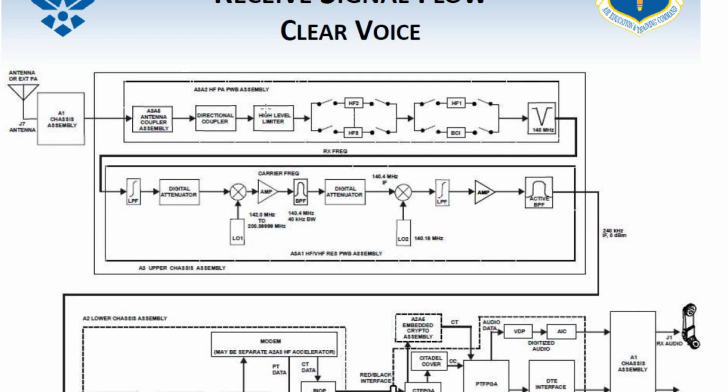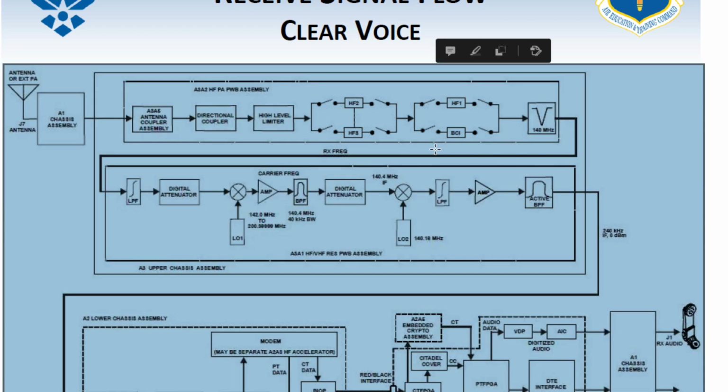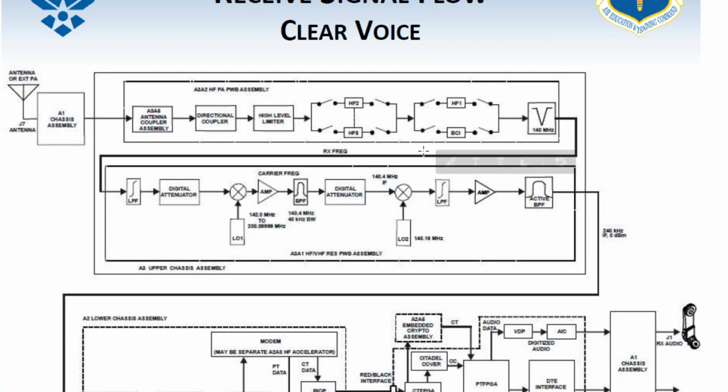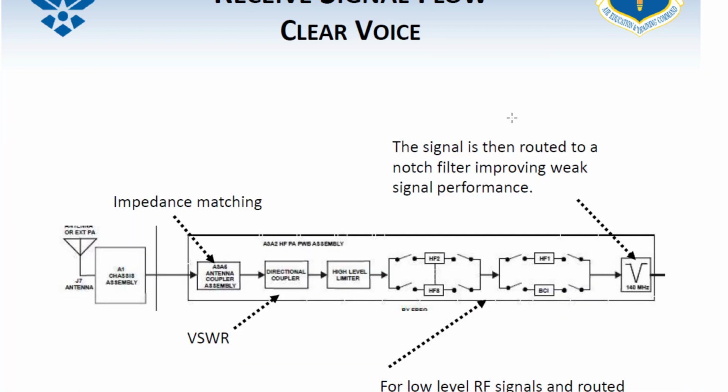So the high level limiter, still going to live at high levels. Our filter bands, they're not going to change. We're going to use how many out of 9? 2 out of 9. Outstanding. And then we go to our notch filter, which, like I said, the signal is then routed to a notch filter for improving weak signal performance. Note that these are called the pre-selector filters now. Why?